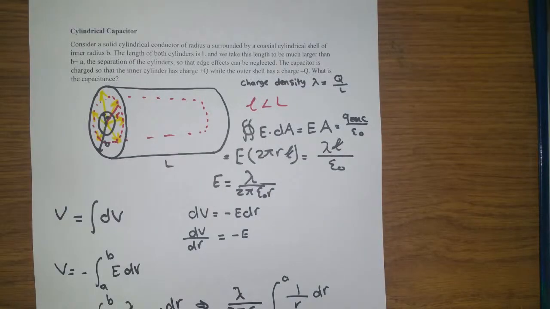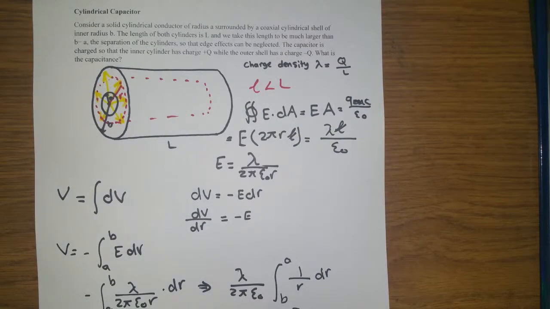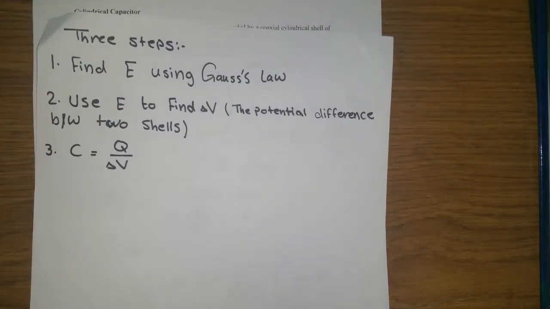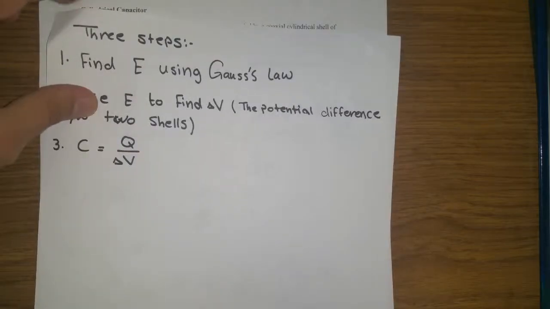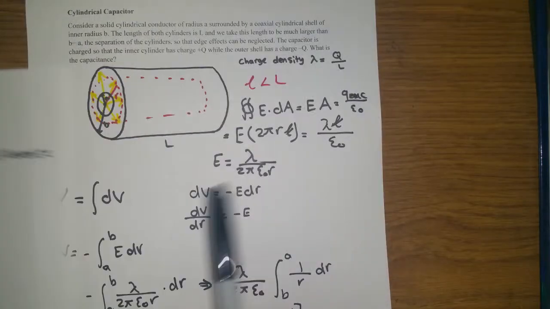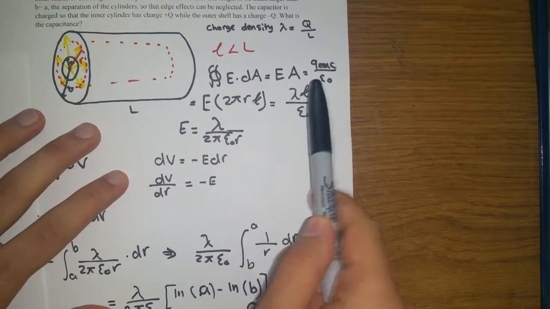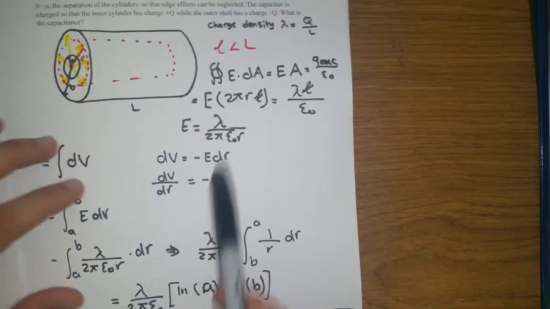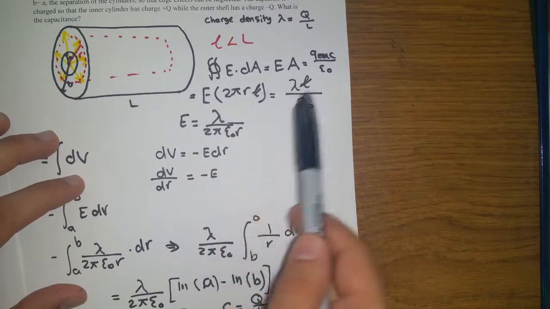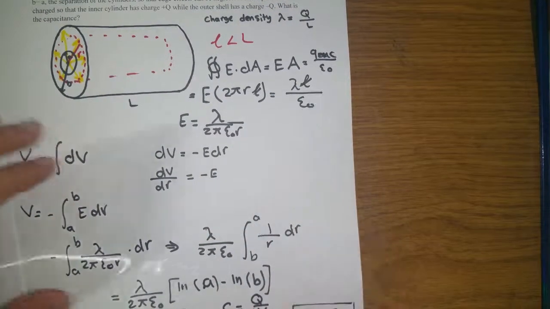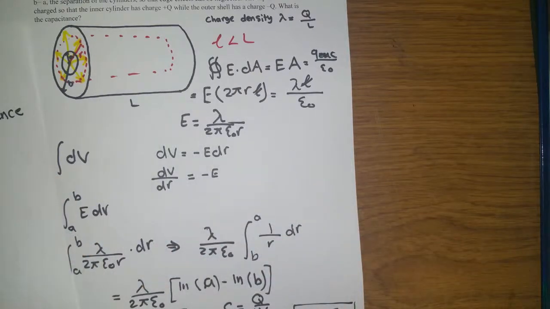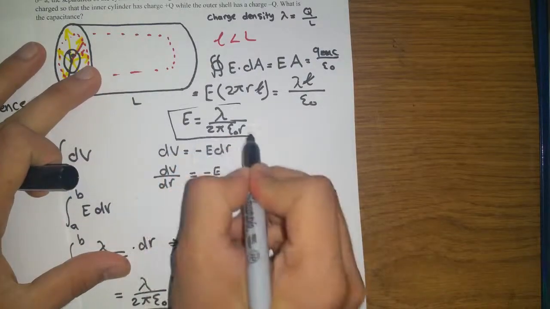And then, let's recap what we did here. Those are the 3 steps again. We found the electric field using Gauss's law, that is this one here, the integral of E dA equal to E A equal Q enclosed over epsilon naught, which is equal to E 2 pi r L and equal to lambda L over epsilon naught. And we found E. That is step 1.